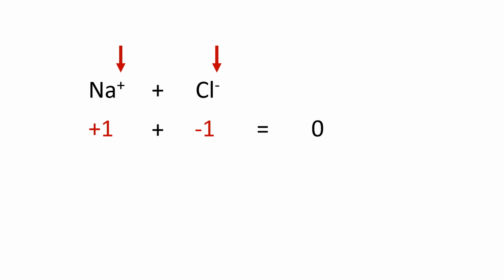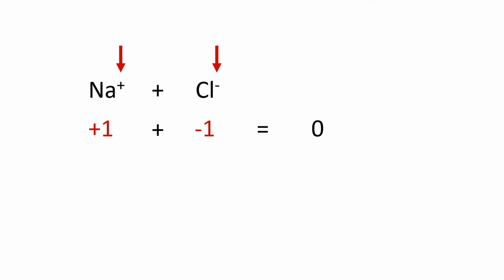Let's say that we wanted to make an ionic compound with the sodium ion and chloride. The thing that we need to be aware of with ions is their charge. Each sodium ion brings with it a +1 charge, and each chloride brings with it a -1 charge. And if we add these two charges together, that is the +1 and the -1, we get 0.